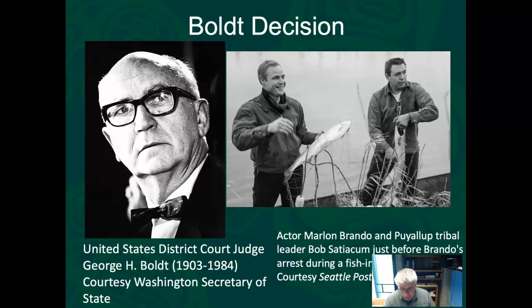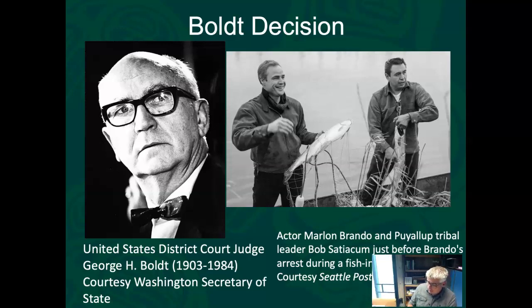So the lawsuit actually wound up being U.S. v. Washington. It was overseen and decided by Judge Boldt, and so it's often called the Boldt Decision. And the Boldt Decision decided that Article 5, to fish in common with, equaled 50%.